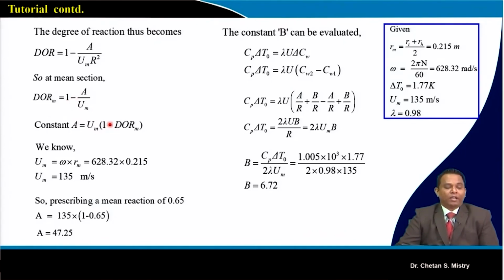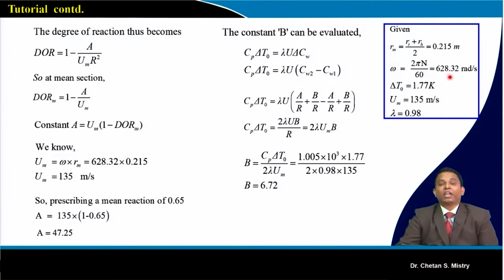So you can calculate the constant A. For that we are looking for U mean. U mean we are writing as omega into Rm. Since my hub radius is given and my tip radius is given, I can calculate my mean radius. Omega we already have calculated based on 2 pi N by 60.